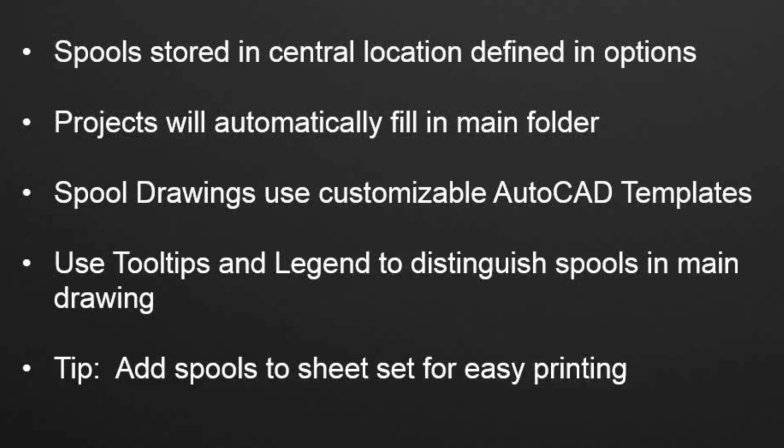In that template file, you can put anything you want in there, but what you need by default is at least one viewport. It can be a plan view, it can be an isometric view, but that viewport is where you're going to see your piping that you select for your spool. And then you need at least one schedule table in there, and that schedule table will automatically populate with the property set information that you define for that schedule.